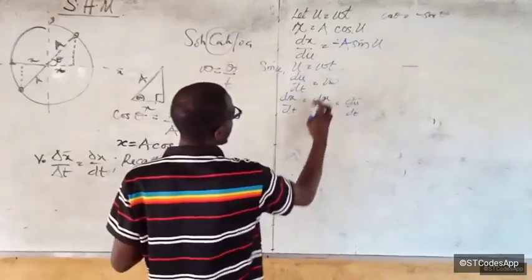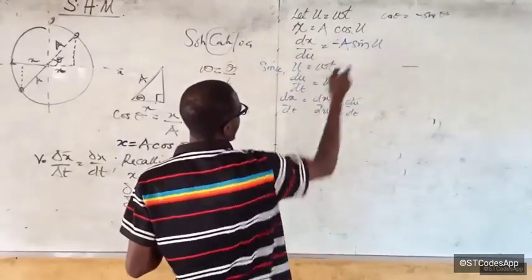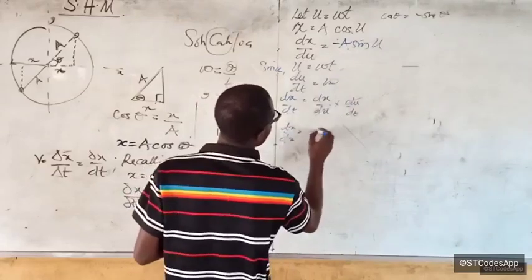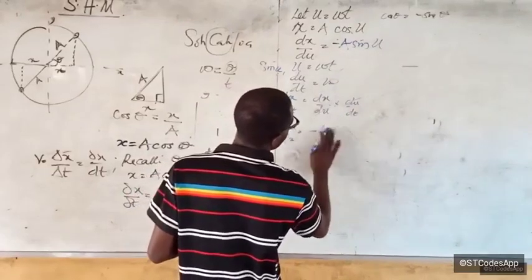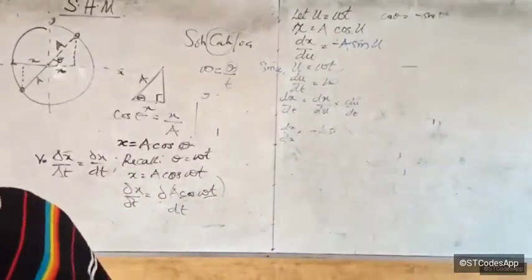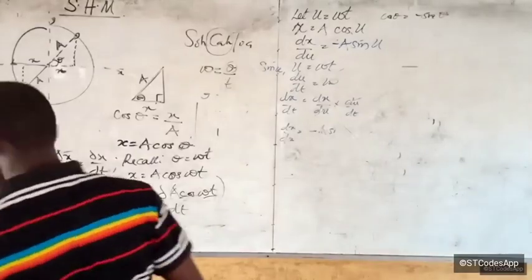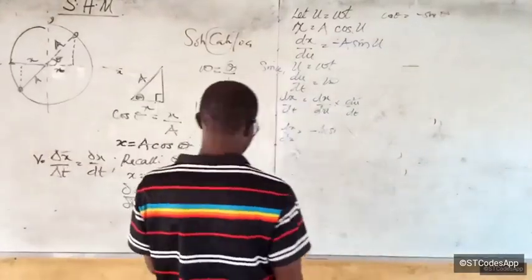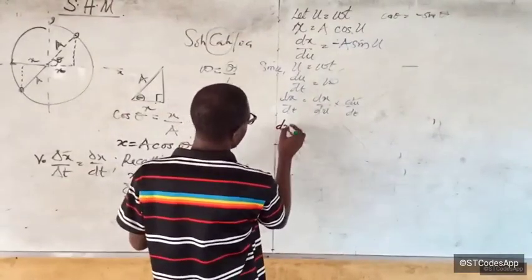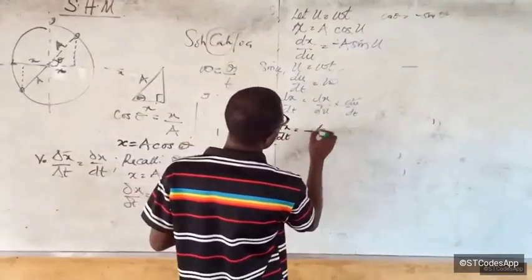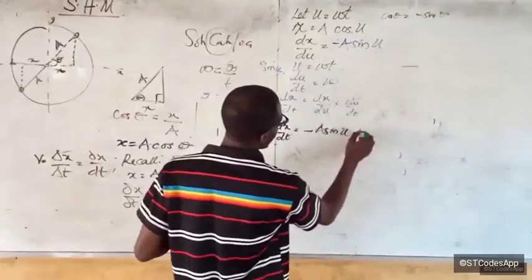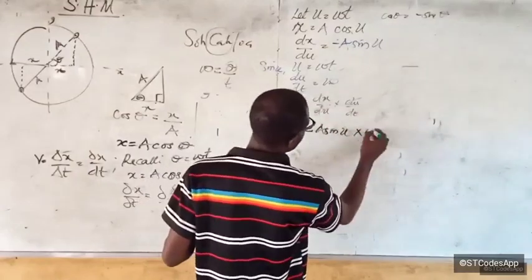So we now have dx/du. What's dx/du? dx/dt will be equal to minus A sine u times du/dt, which is omega. So what do we have?